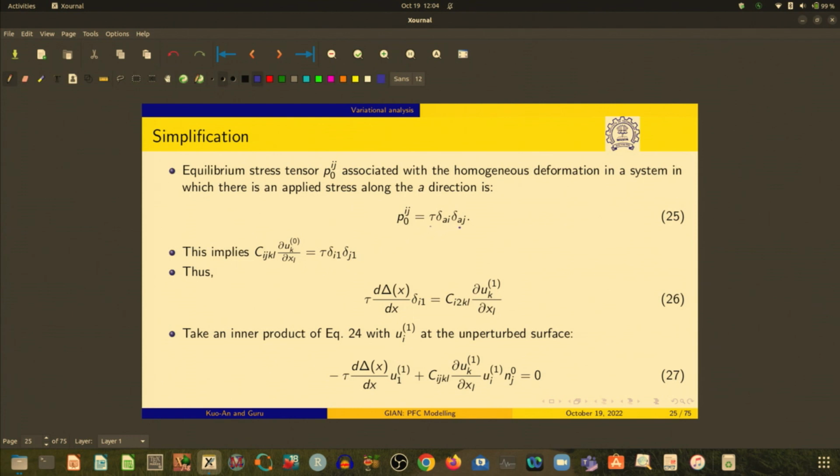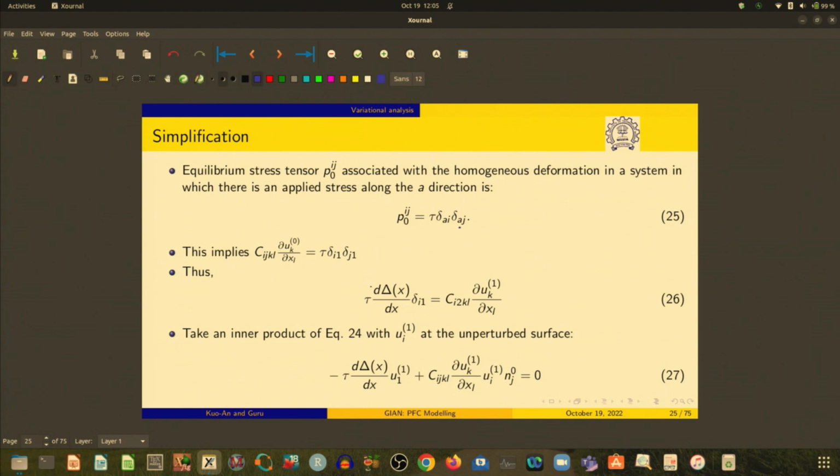So, we are going to use this, because remember this Cijkl dou u0 by dou xl is basically like Pij, right. It is a constant, the 0th term, which does not depend on the perturbed surface, because it is not a function of the disturbance parameter. So, the first term is basically like some constant sigma 0 about which there is a perturbation because the surface is perturbed, that is what we are looking at in the second term.